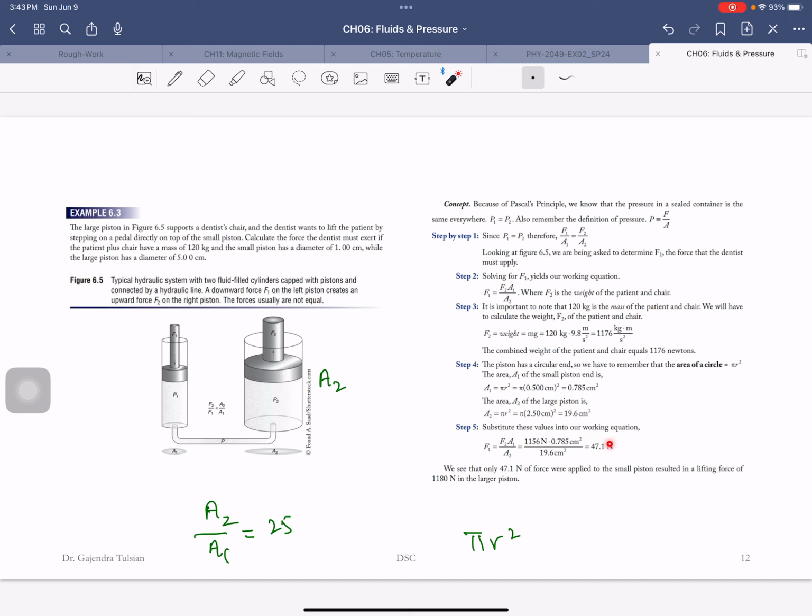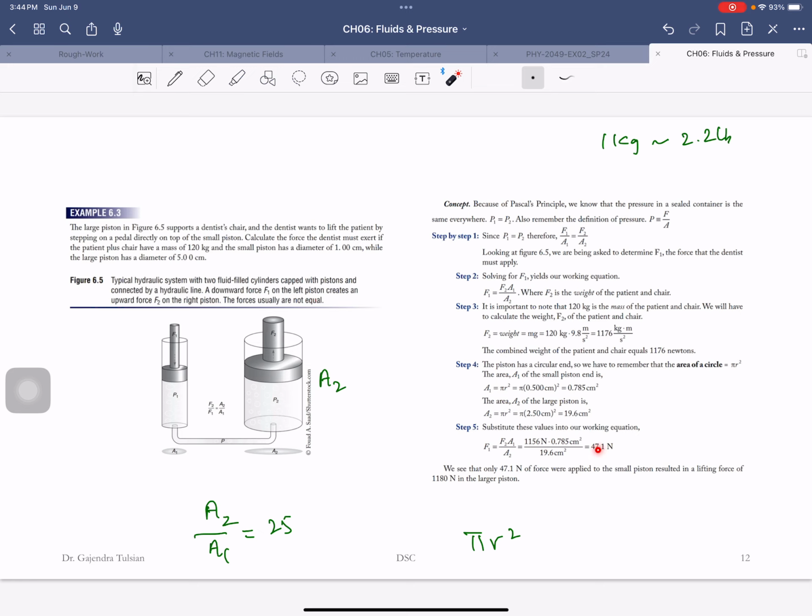Now let me convert this force to pounds. If you divide that by 10, that's about 5 kgs, and each kg is about 2.2 pounds. So this is roughly 11 pounds. With a force of 11 pounds, he's able to lift 25 times that, so about 260 pounds.